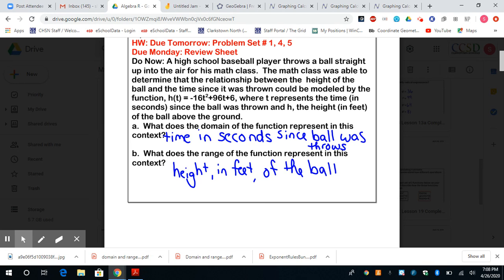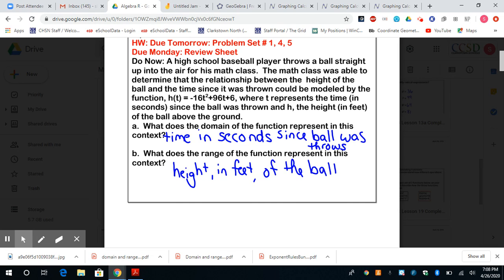So they asked us what's the domain, meaning what does x represent in this function, and x is considered t. Remember, f of x or h of t is the same thing, so this is talking about time. So if we input time, we can figure out the height of this ball that's in the air, on the ground, whatever happens. It's in seconds since the ball was thrown, and what does the range represent?